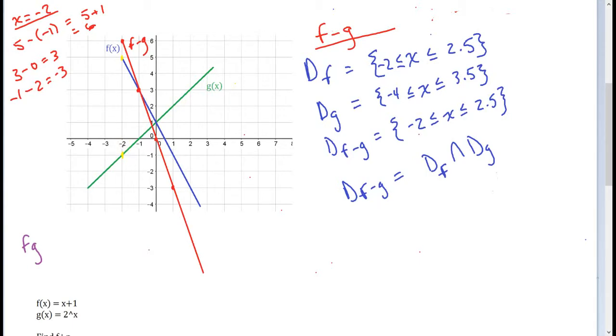Okay, so we have a y value of 5, we have a y value of negative 1, so we end up with negative 5. 3 times 0 is equal to 0. 1 times 1 is equal to 1. 2 times negative 1 is equal to negative 2.